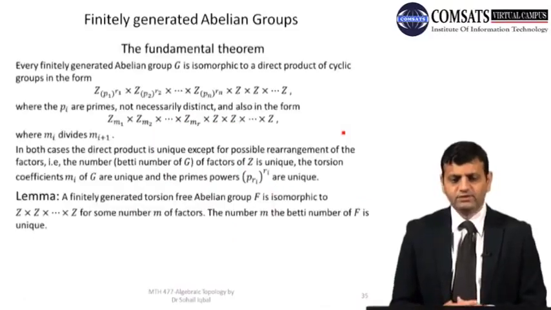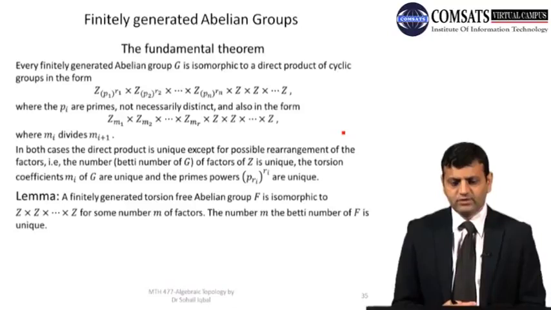So this is a very important result of finitely generated abelian groups. Every finitely generated abelian group is isomorphic to a direct product of cyclic groups in this form, where the pi are prime numbers, not necessarily distinct, and also in this form, where mi divides mi plus 1.